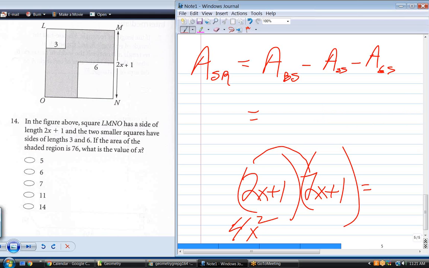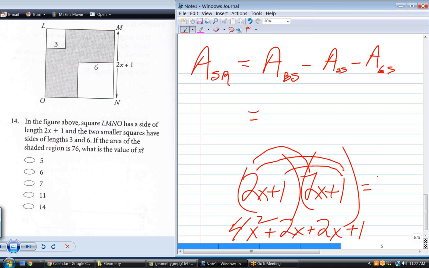The second term would be 2x. The third term comes from multiplying that times that, so just 2x. And finally, the last term comes from multiplying that times that, which would be plus 1.